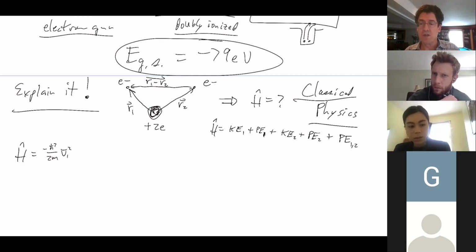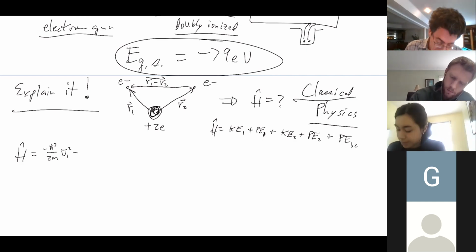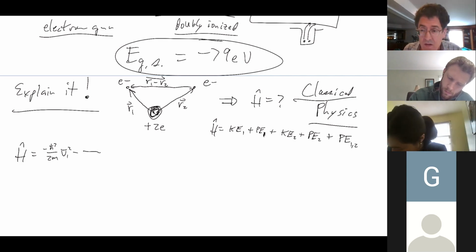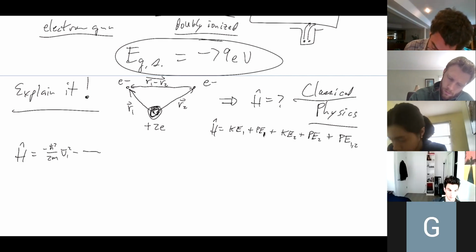Potential energy of electron 1? The Coulomb's force? Exactly. So that's going to be minus something on top. What goes on top? Two e squared. Exactly.